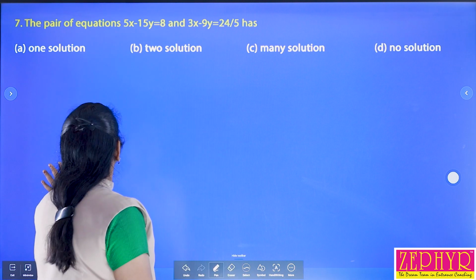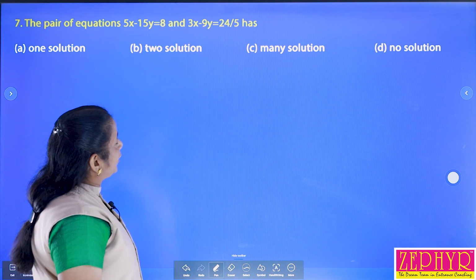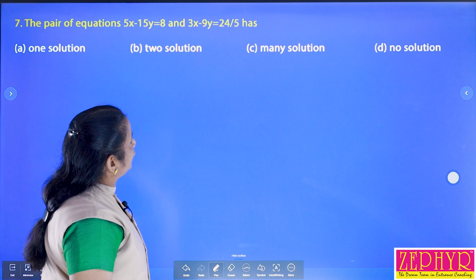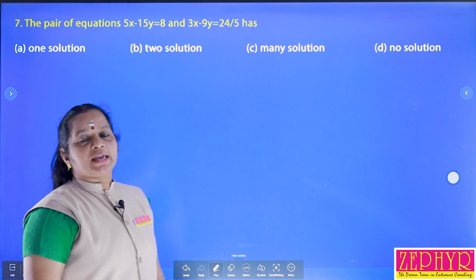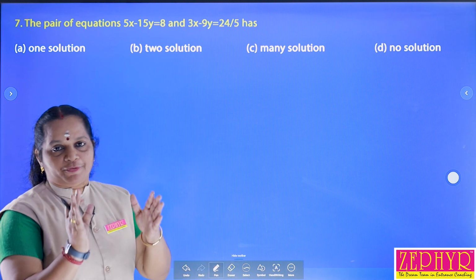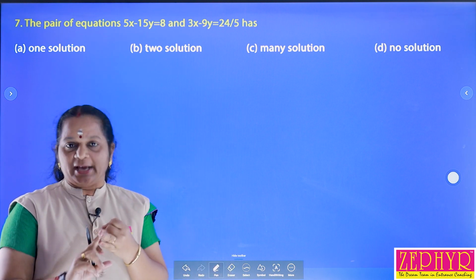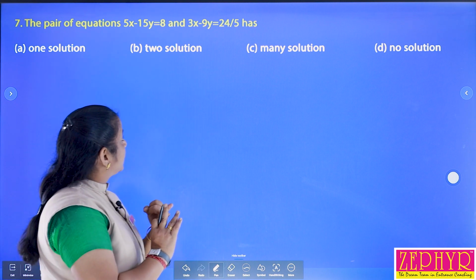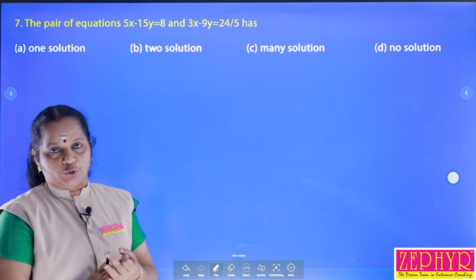Okay. The pair of equations 5x minus 15y is equal to 8 and 3x minus 9y is equal to 24 by 5. There are three cases. Either this system of equations has no solution, or there exists only one unique solution, or there exist infinitely many solutions.